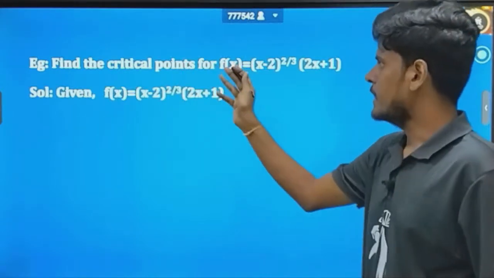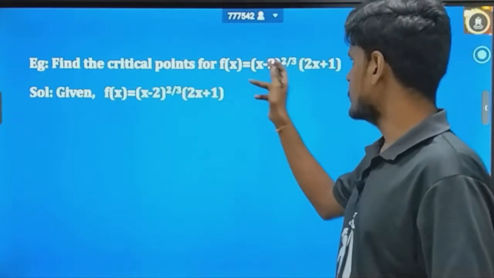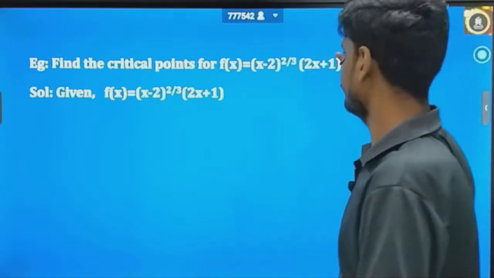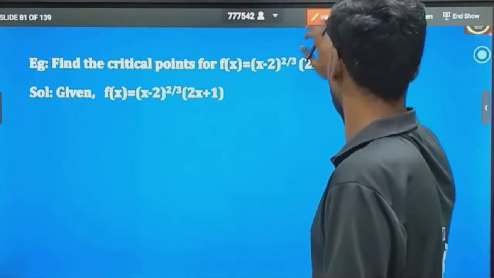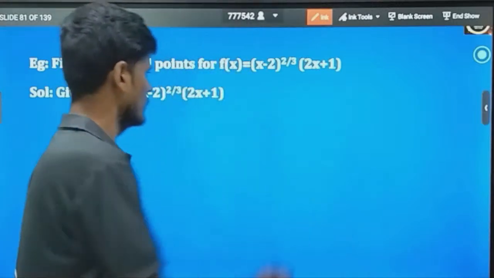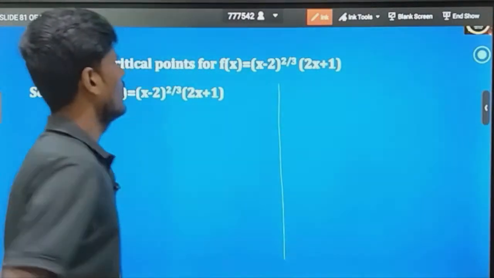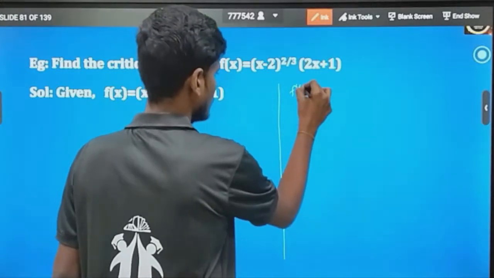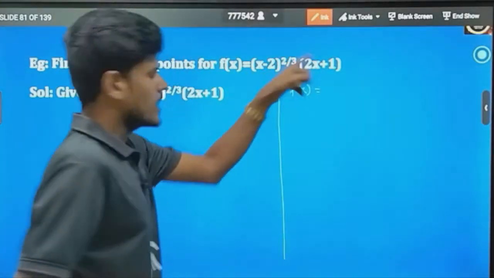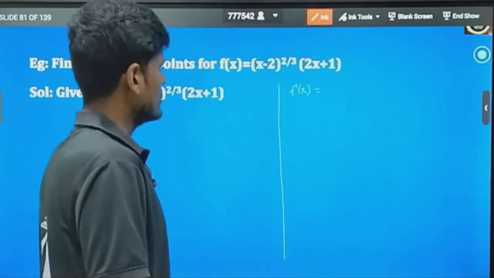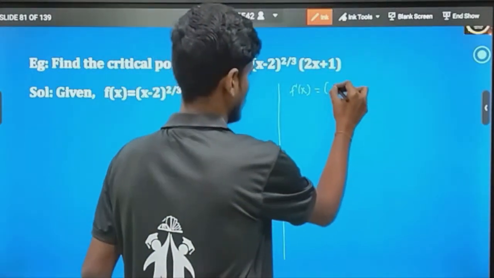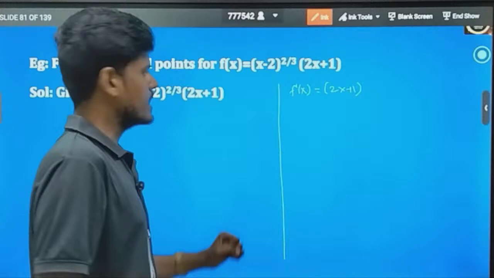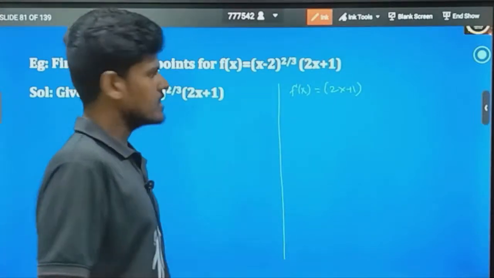For example, find the critical points of this function. f of x equal to (x minus 2) power 2 by 3 into (2x plus 1). What is f dash of x? As it is a product of two functions, first we take the value 2x plus 1 and differentiate using u dash v plus v dash u.